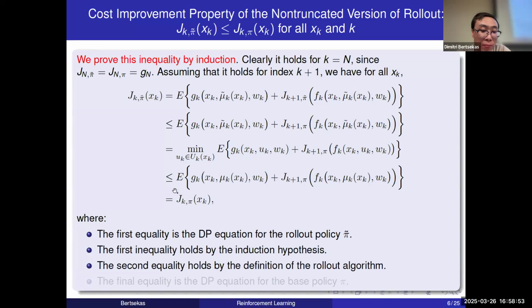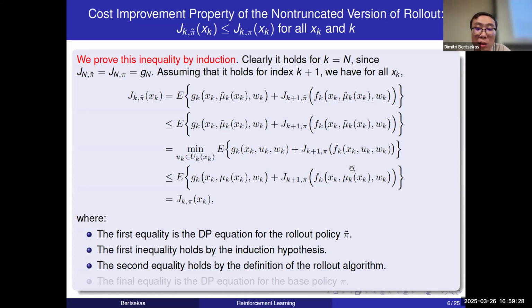Now we go to the second equality. Recall that this mu_k tilde is computed by running minimization. We try to find, among all the feasible controls, the one that attains the minimum, and assign that as the rollout policy control at state x_k. Therefore, this term is equal to the minimum attained here.